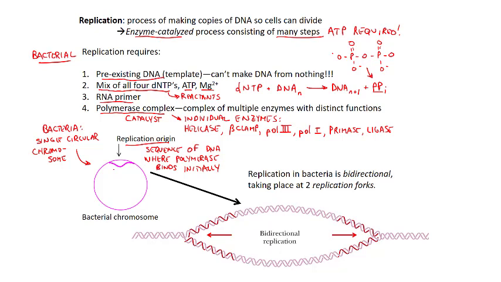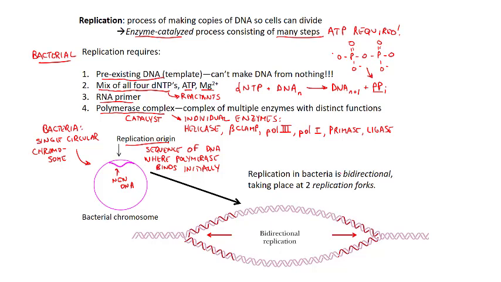And then starting at that replication origin, as you synthesize new DNA, the newly synthesized DNA just sort of peels away from the old DNA, and before you know it, you've got 2 circles of DNA.